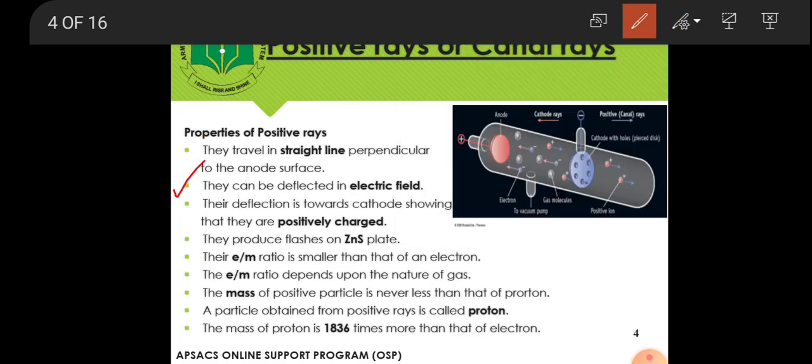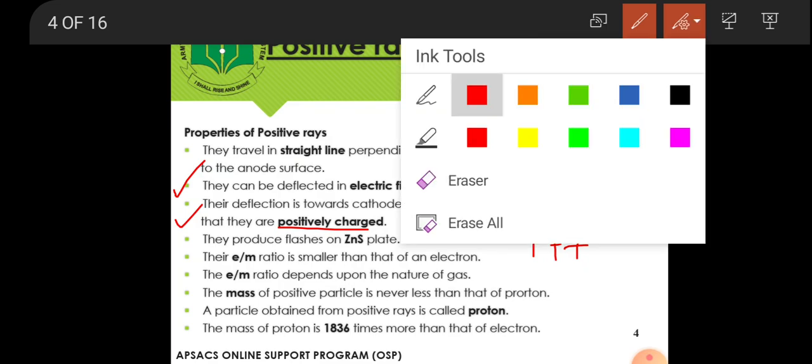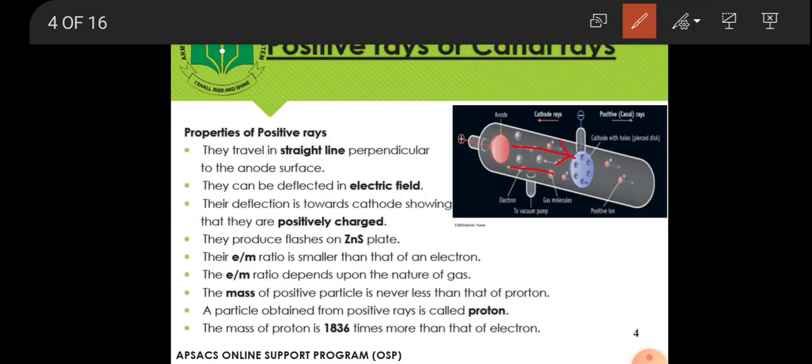Point number 2, if these positive rays are brought into an electric field, for example, this is a negatively charged plate and this is a positively charged plate, then these positive rays are always deflected towards the negatively charged plate because they are positively charged, meaning they are deflected in an electric field. Point number 3, these rays are always deflected towards the cathode because they are positively charged.